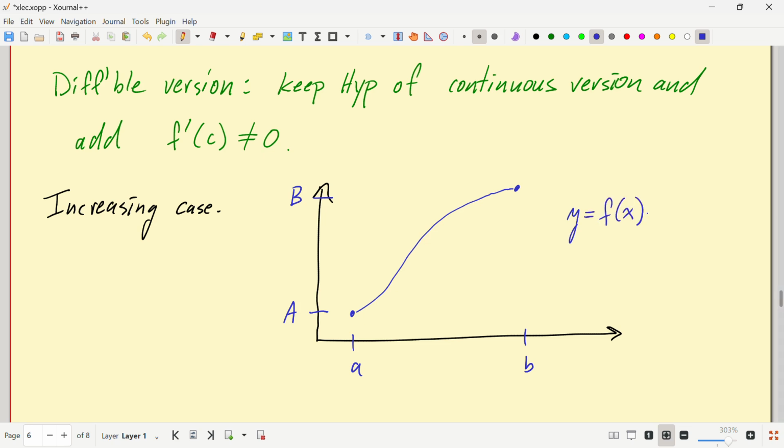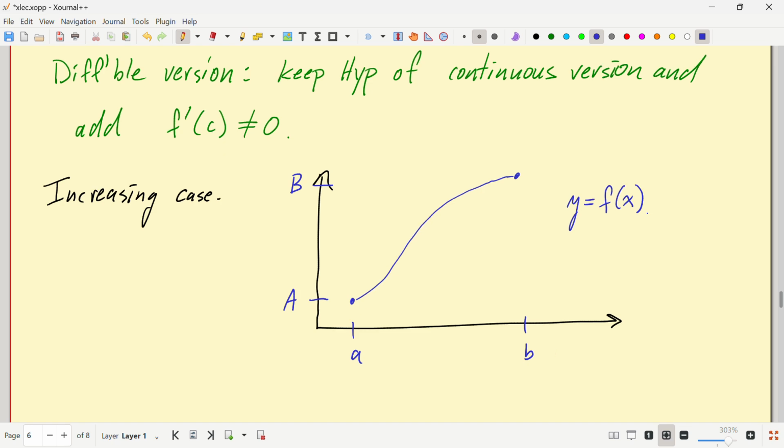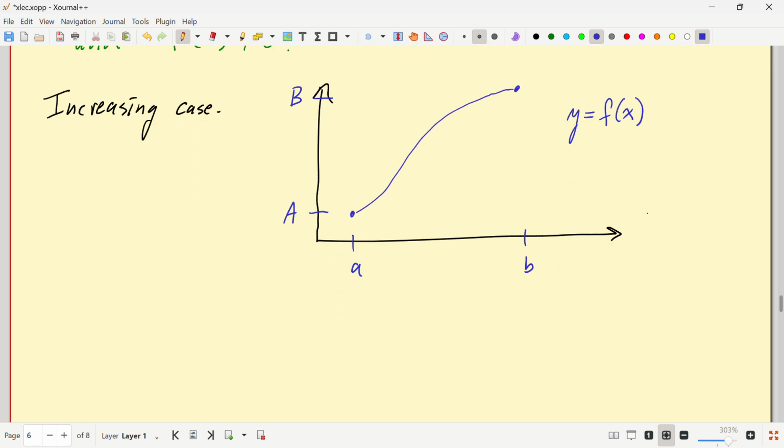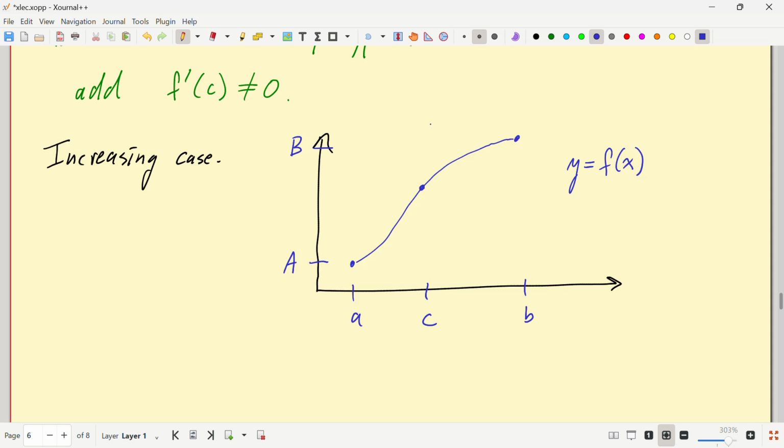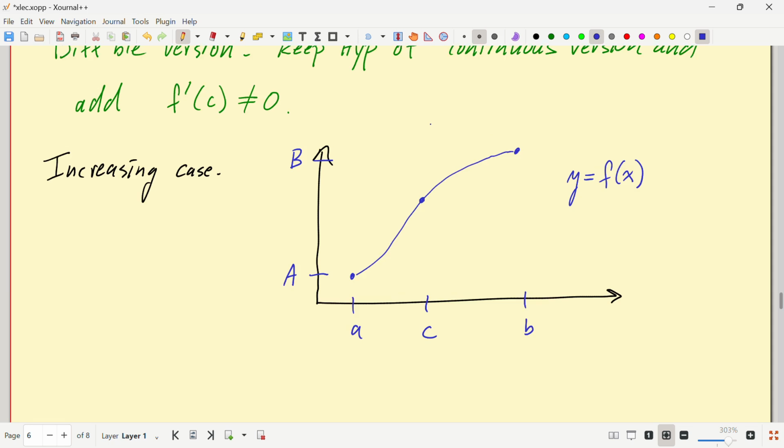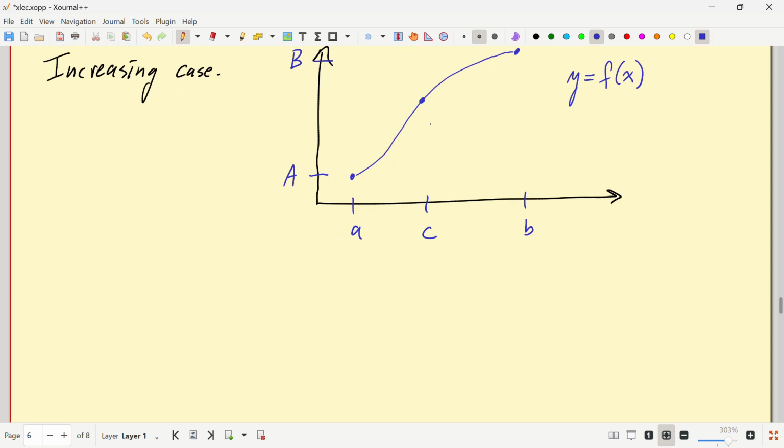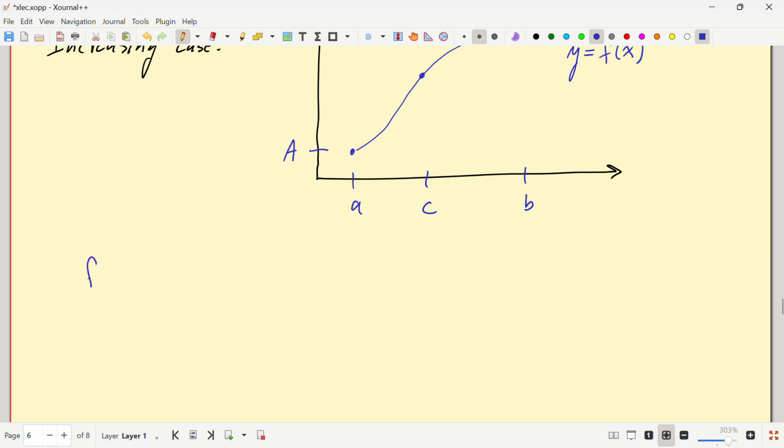Last time I showed you that the inverse function you'd get by flipping that about a line y equals x. Then you get the graph of y equals the inverse, x equals the inverse of f. Okay, and here we have a point c somewhere in the middle. F prime of c needs to be unequal to 0. In the increasing case, f prime of c would be strictly positive.